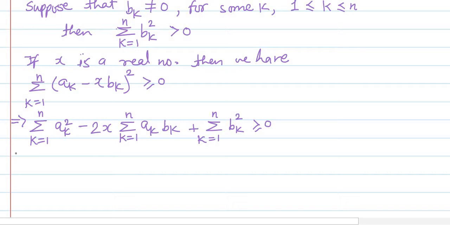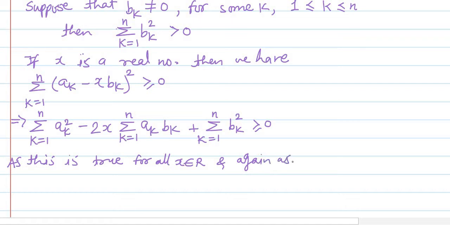Now this is true for all real values of x, and again, the summation over k equal to 1 to n of bk square is greater than 0.